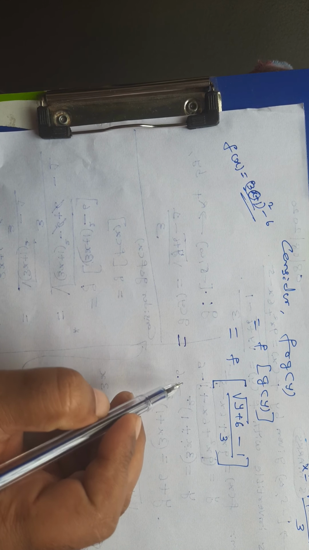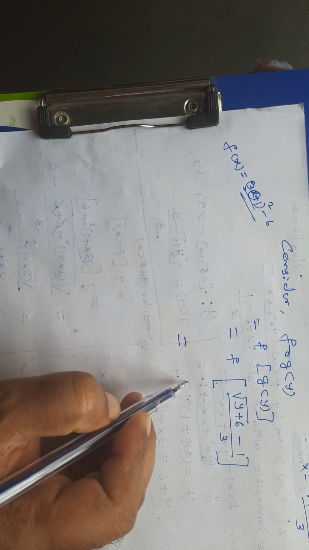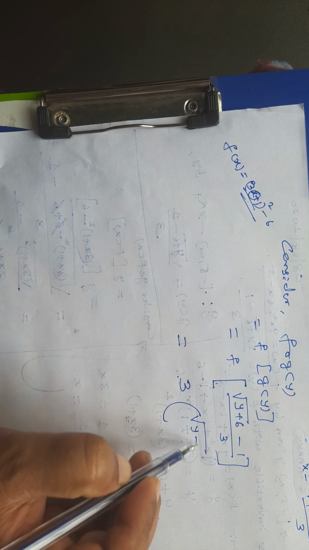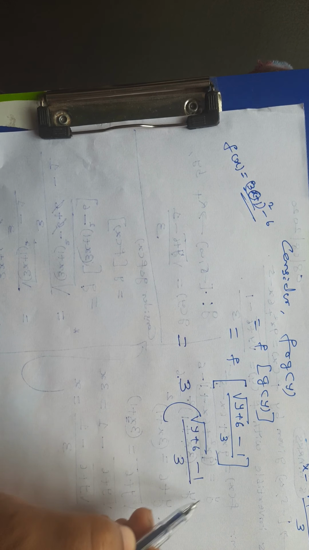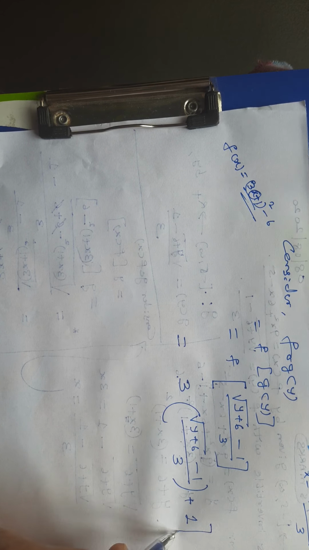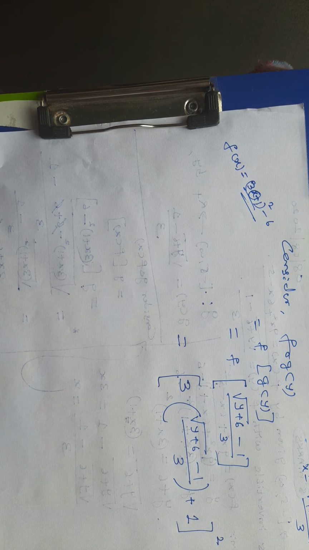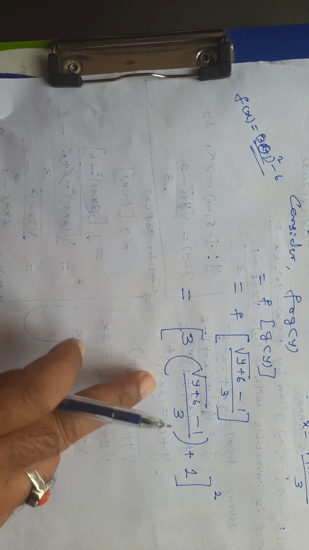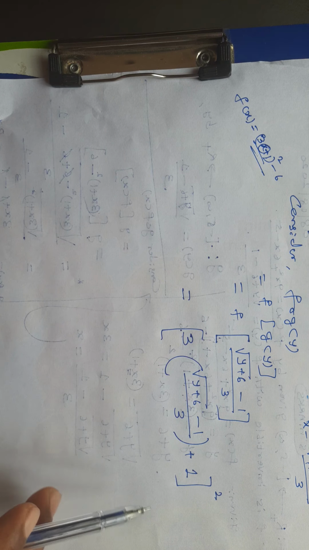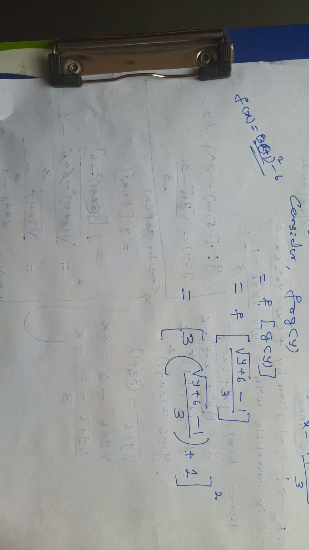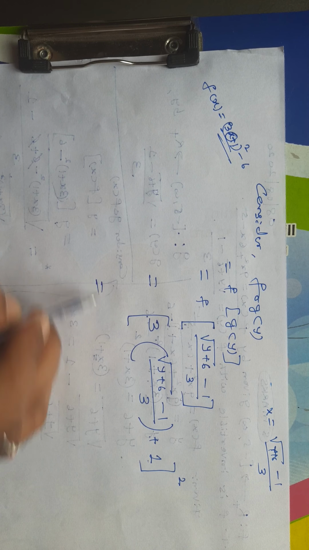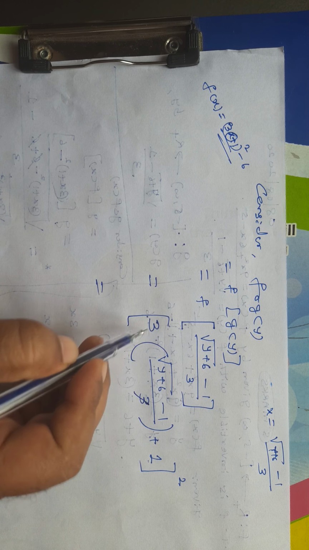So I will write this as 3x, where x is this whole thing, square root of y plus 6 minus 1 divided by 3. See here, 3x plus 1 whole square. So in bracket I have this quantity x. So this cancels here.